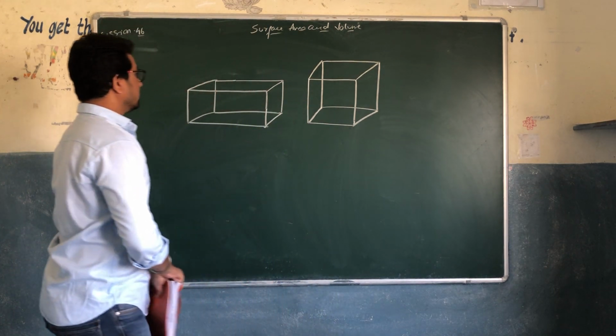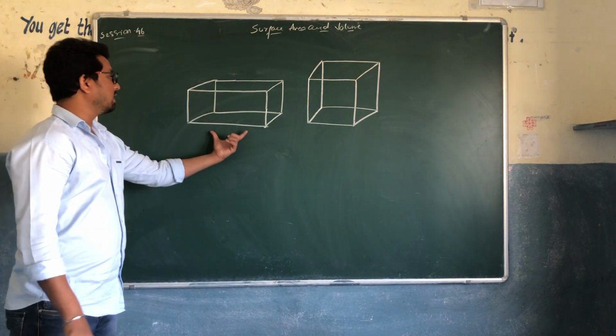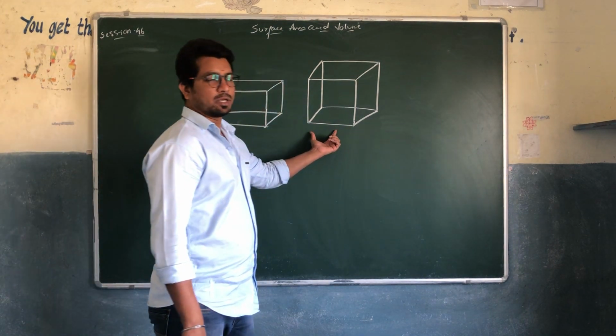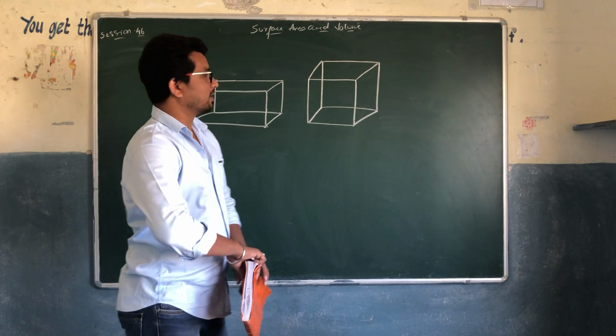So this is cuboid. It is looking in the shape of cube, and this is cube looking in the shape of, sorry, square. Right?